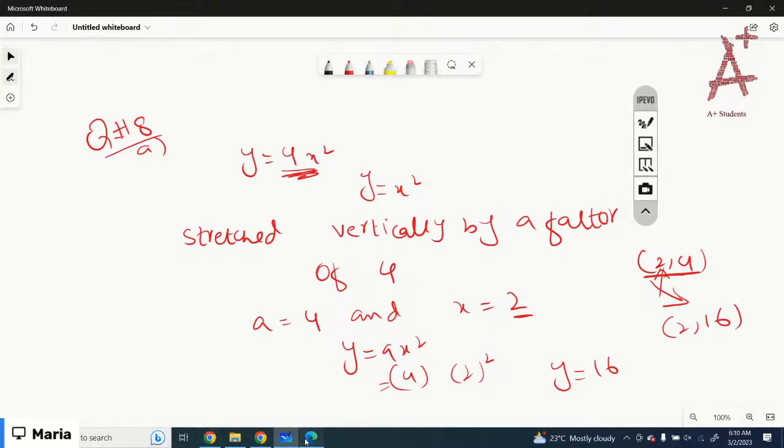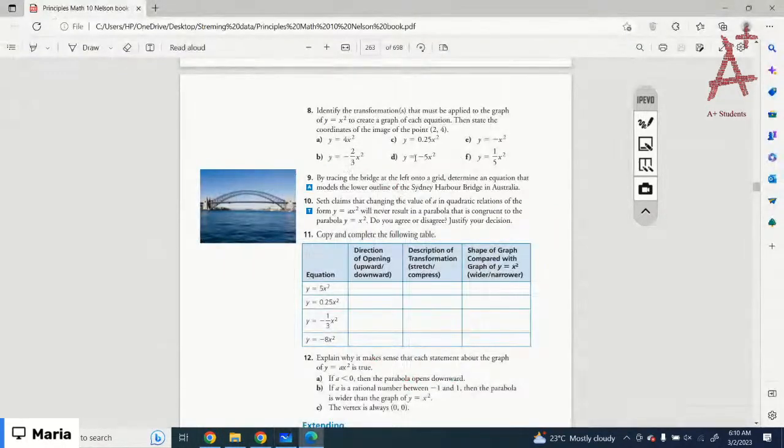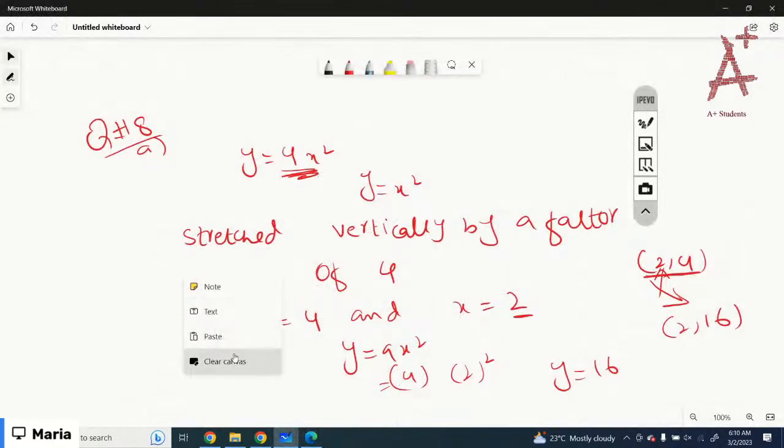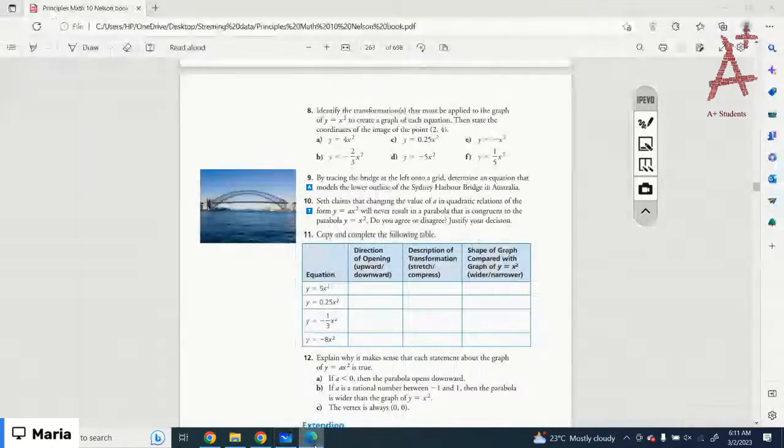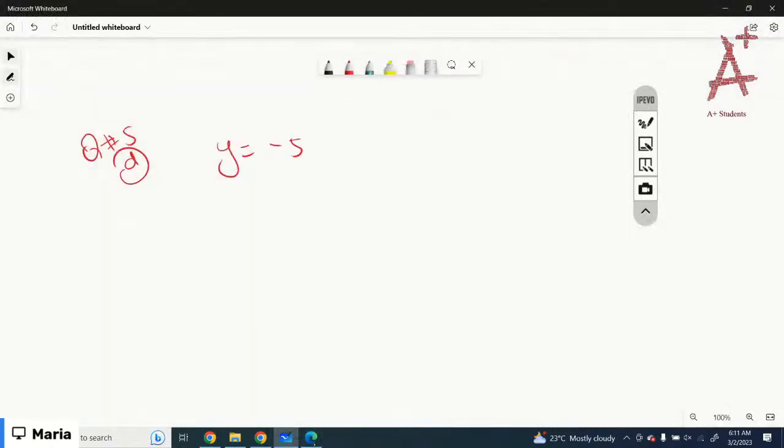Okay, let's look at the D part. Y equals negative 5x square. A is a negative value. A equals negative 5.